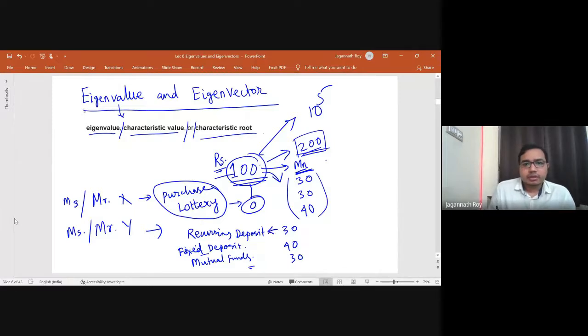Now it has some return rate. It will give you some return, maybe 5.5%. Fixed deposit has some 6.5%. But the mutual fund is subject to risk, like you have maybe seen in the advertisements for mutual funds.